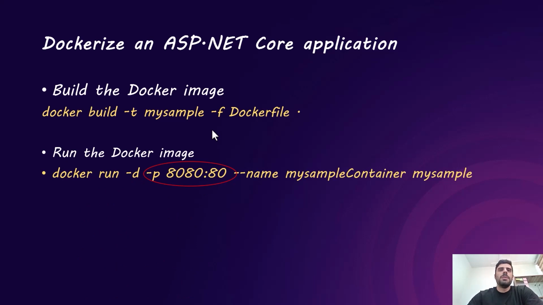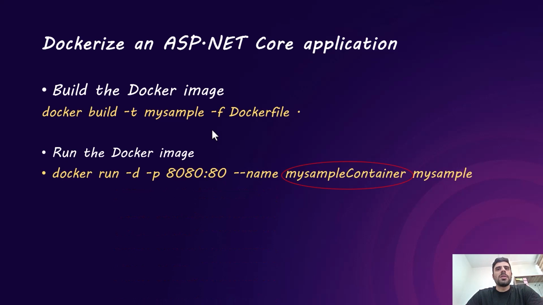It's for port mapping, and it's used to connect an external port to an internal port. The left-hand side is our external port, the port that we are going to use, for example, in our browsers to browse my application. And the right-hand side is the internal port that's inside my image. So I'm going to map this external port to that internal port inside the image.